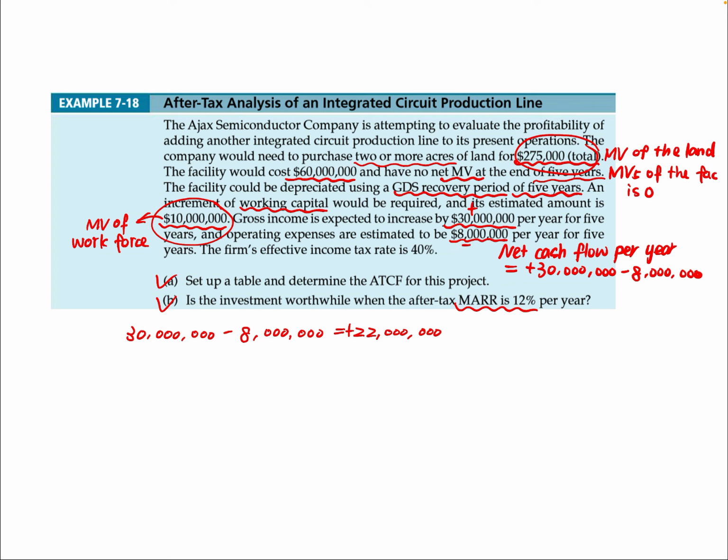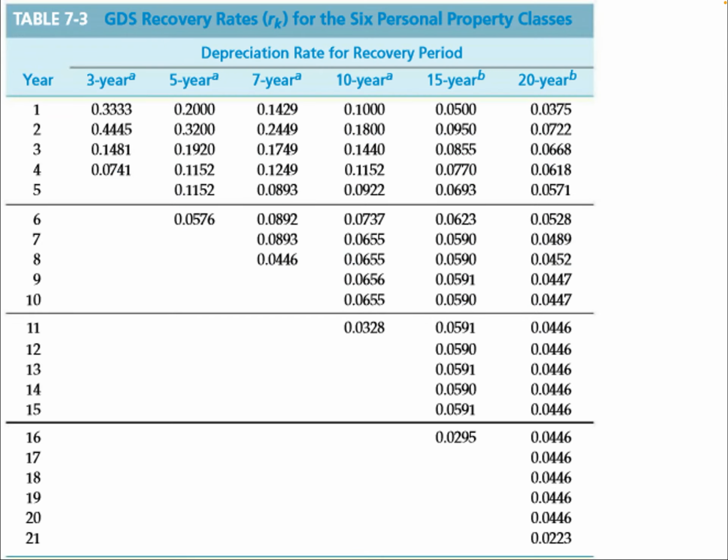That's your net cash flow. And the firm's effective income tax rate is 40%. So that is the T. So first, you need to set up the table and determine the after-tax cash flow of this project. And then you use the present worth method to calculate if it's a good idea or not.